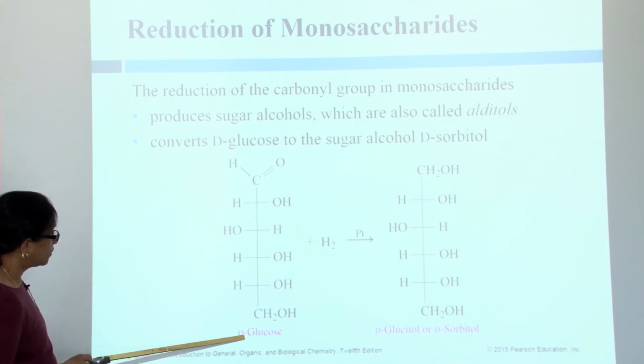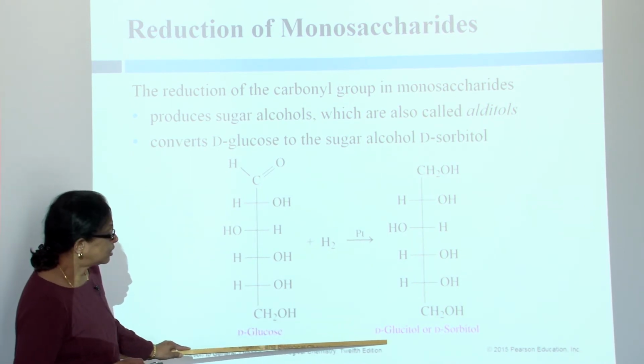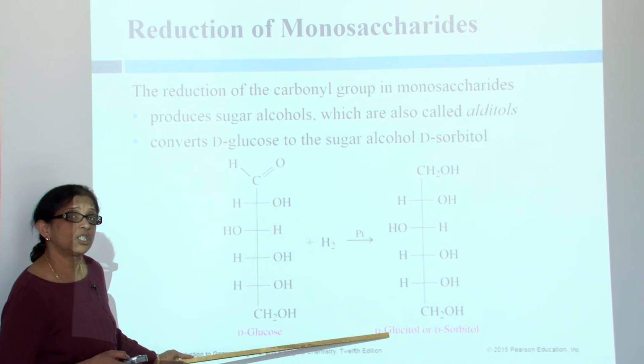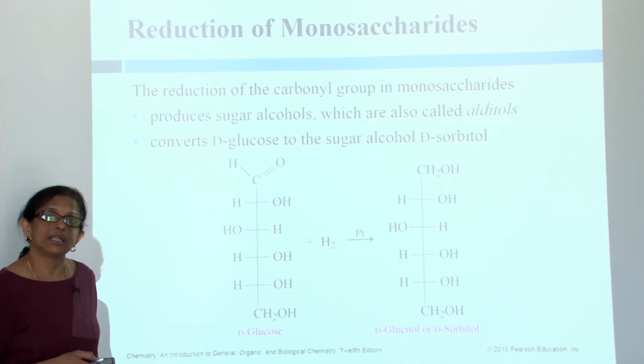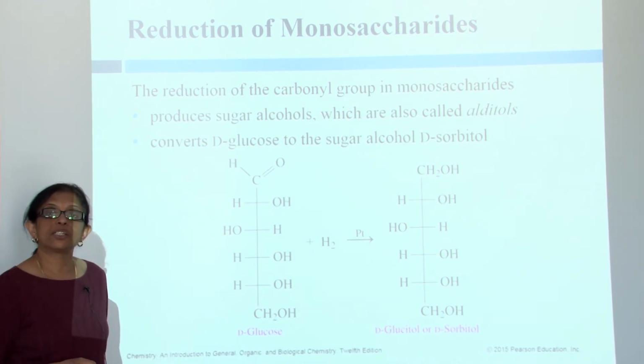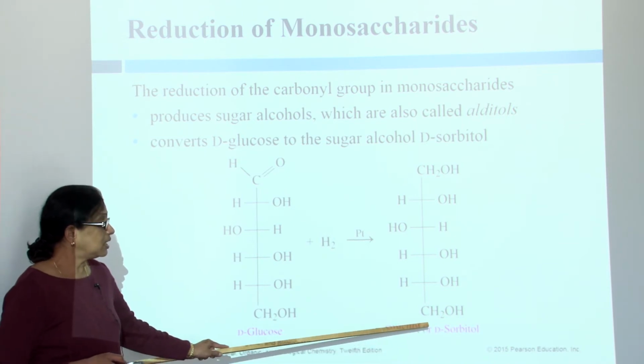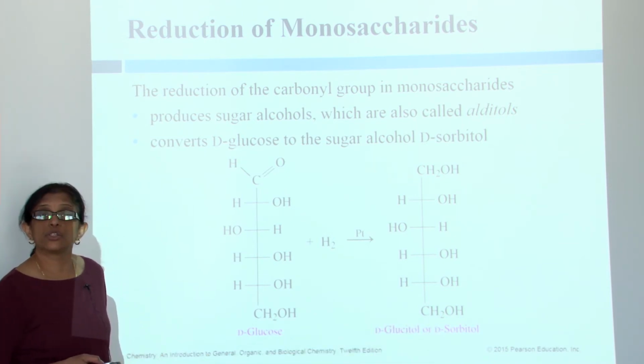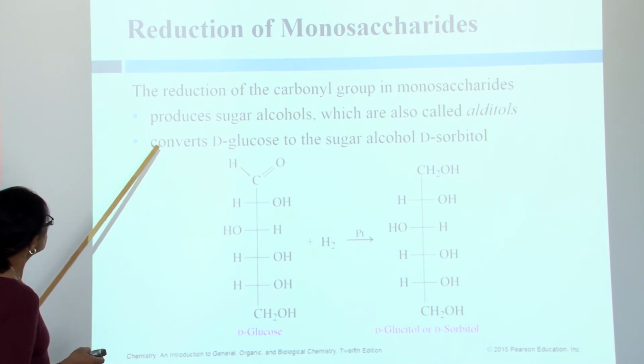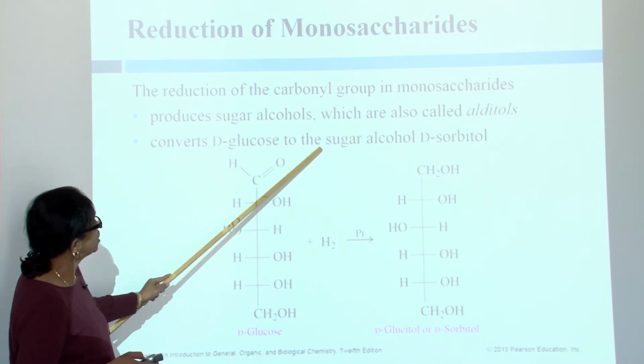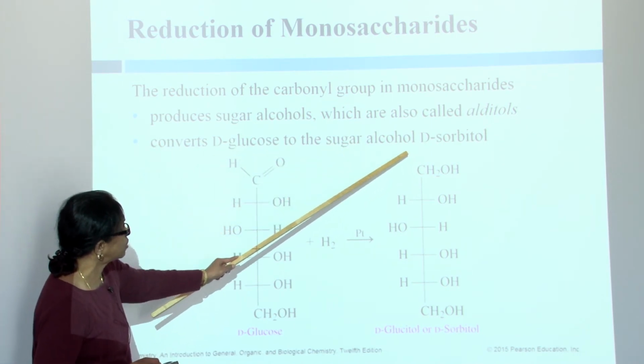Now glucose to sorbitol, and this is what we started off the chemical properties with. Sorbitol is what is used in sugar-free gum. It converts D-glucose to the sugar alcohol D-sorbitol.